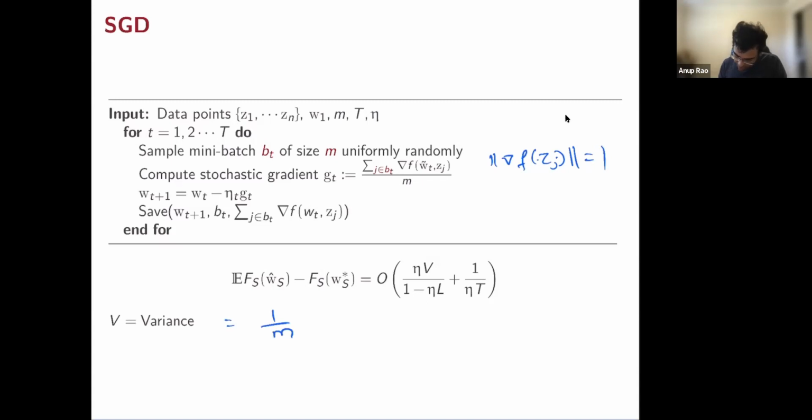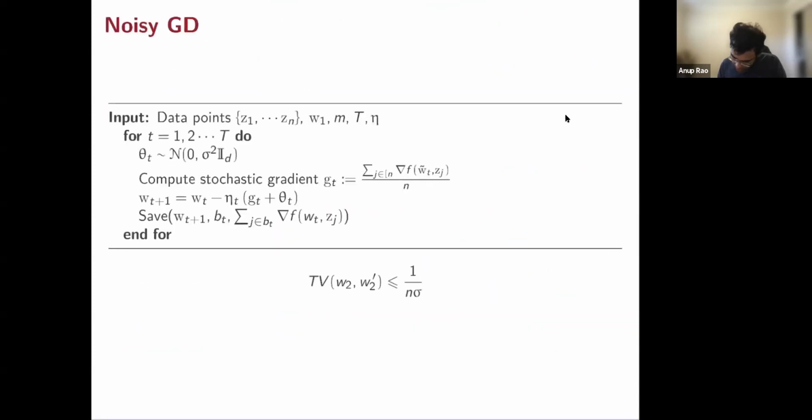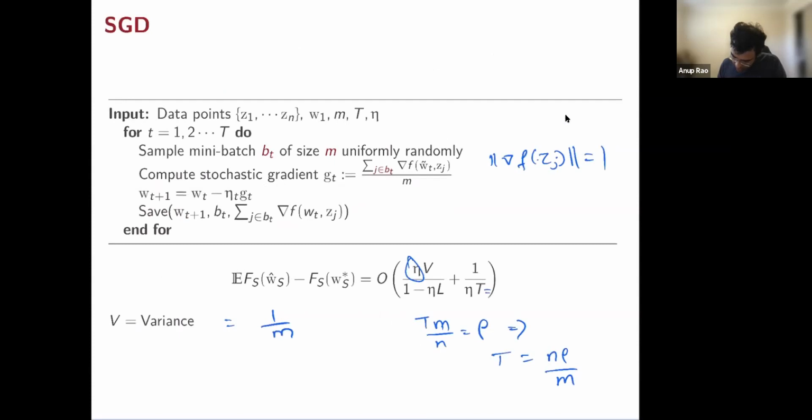And we know from the previous slide that Tm over n is rho, which implies that T is n rho over m. So we can substitute for T here and optimize eta, and what we get is that this accuracy is 1 over root rho n.